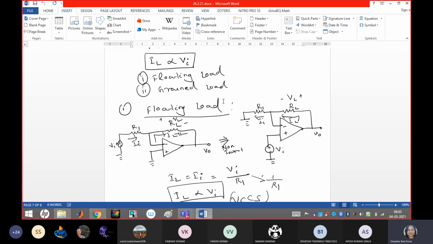In the floating load the load is not connected to ground, and now we will see that in the case of grounded load the load is connected to the ground.